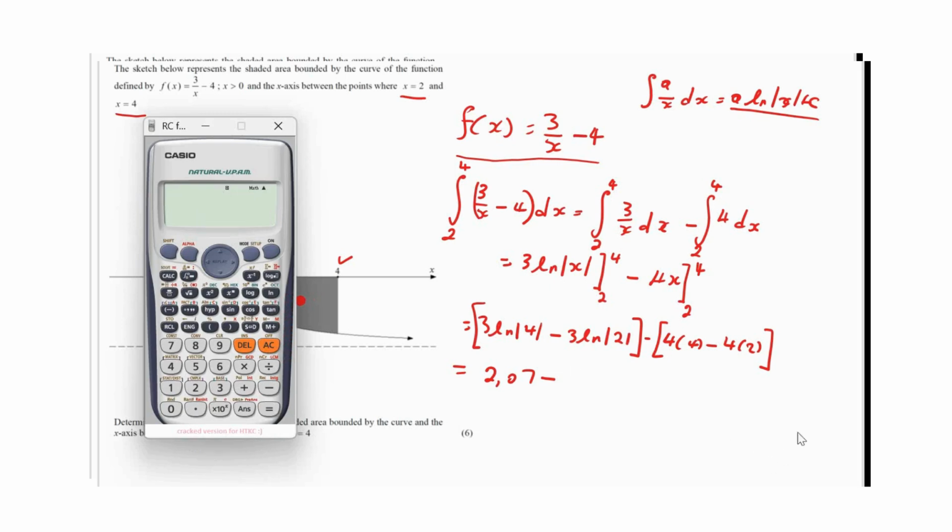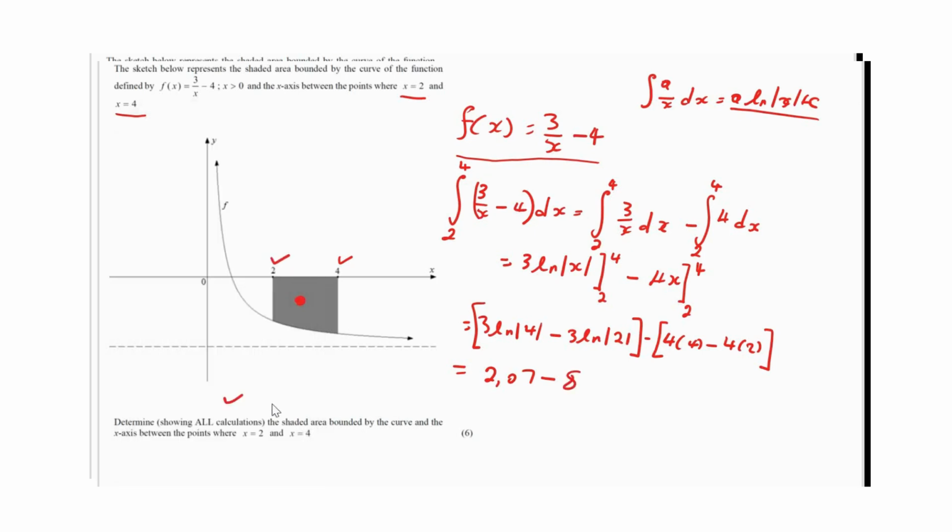This one is going to be 4 into 4 minus 4 into 2. This one is going to give us 8. So the answer that we get here is 8.